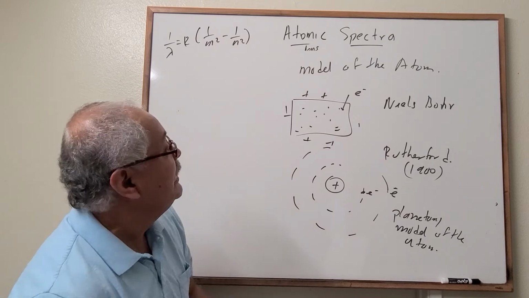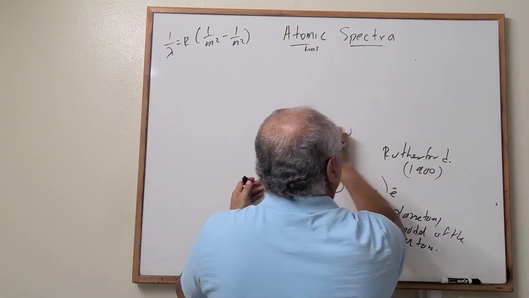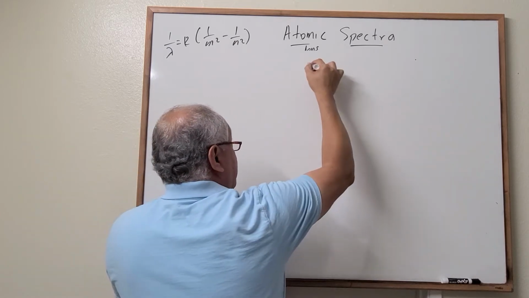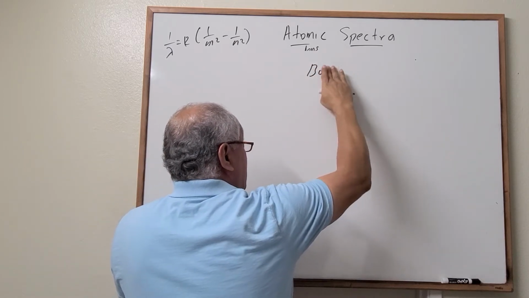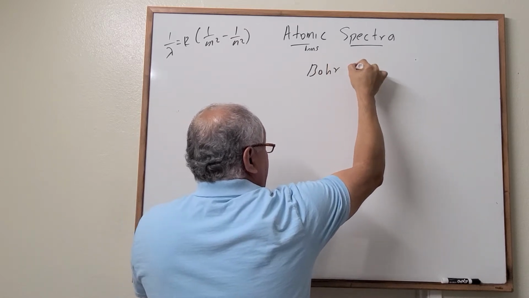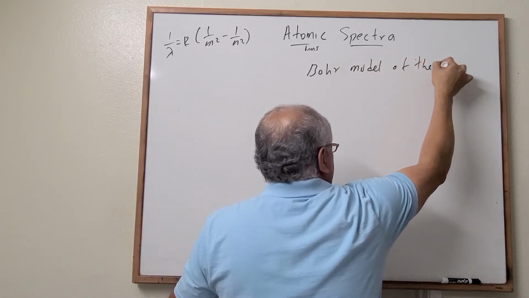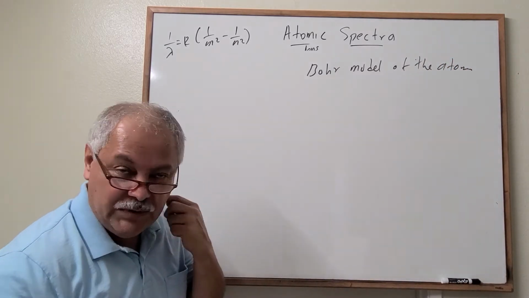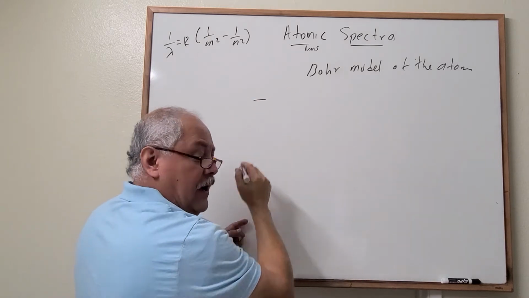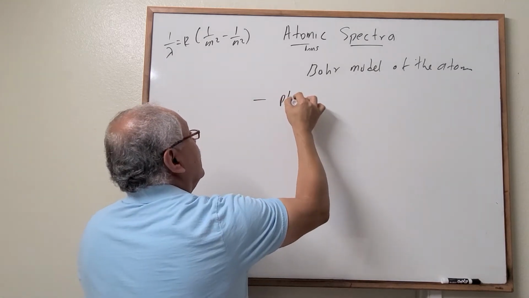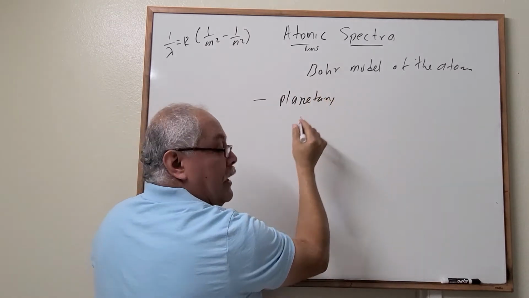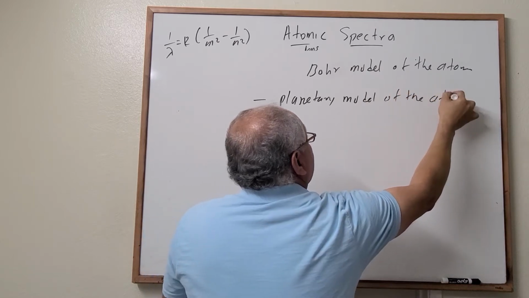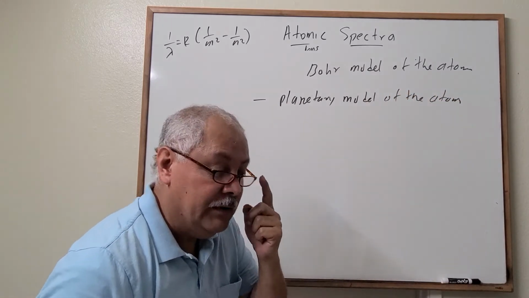So Niels Bohr created this model, Bohr's model of the atom. In this case, he used the same idea as Rutherford, the planetary model of the atom. This is coming from Rutherford.